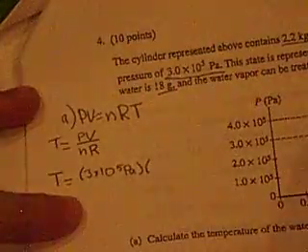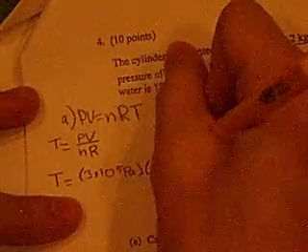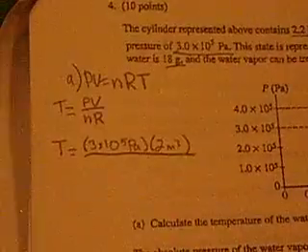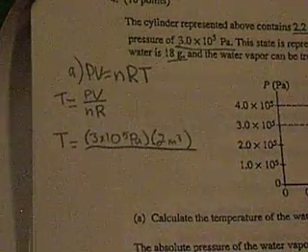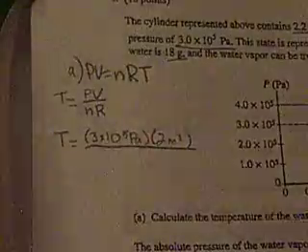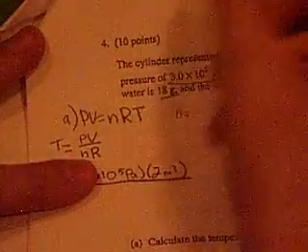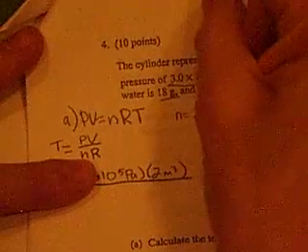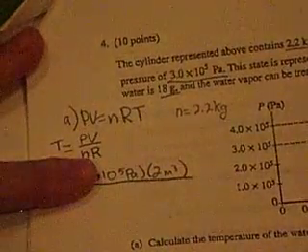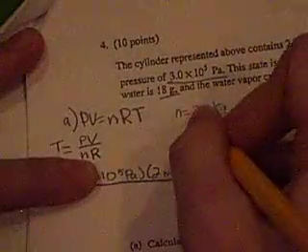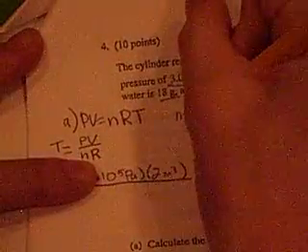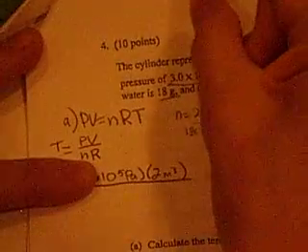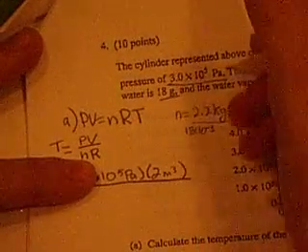T equals the pressure, which they gave us as 3 times 10 to the 5th pascals, times the volume, which they also give us, 2 meters cubed, over nR. Now, n is the number of moles, so we have to find what the number of moles is. So, we're going to do n equals 2.2 kilograms, because that's what they gave us, so it's 2.2 kilograms of water vapor, over 18 times 10 to the negative third kilograms per mole.